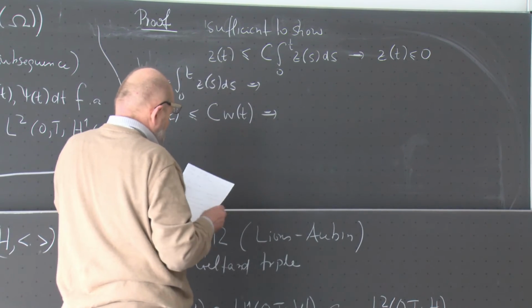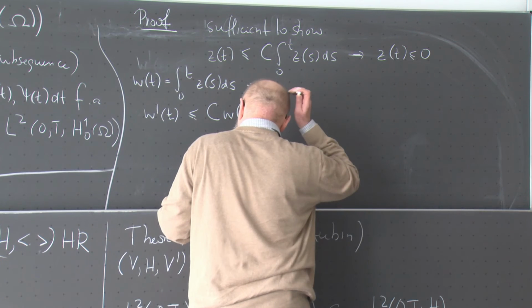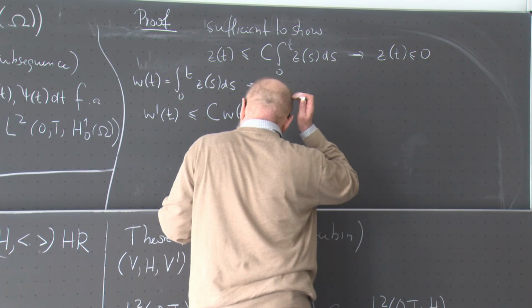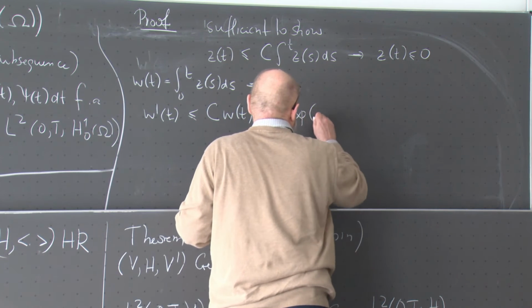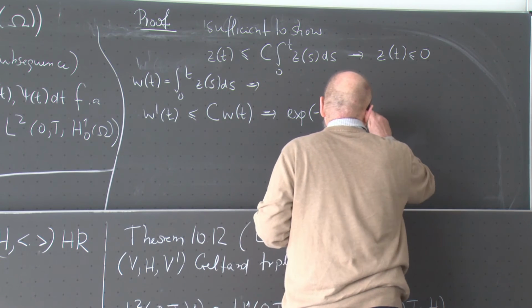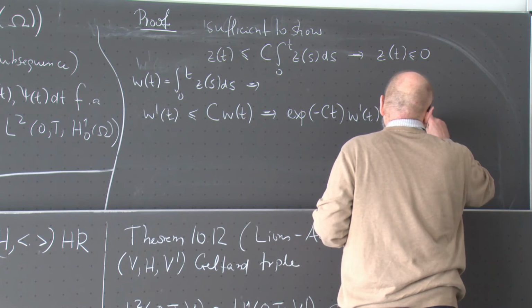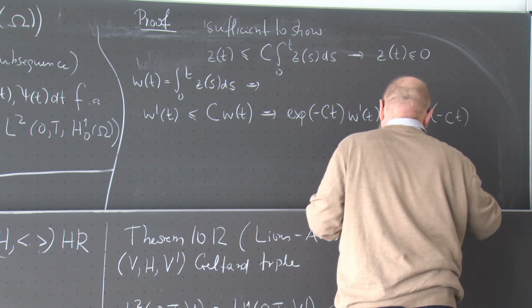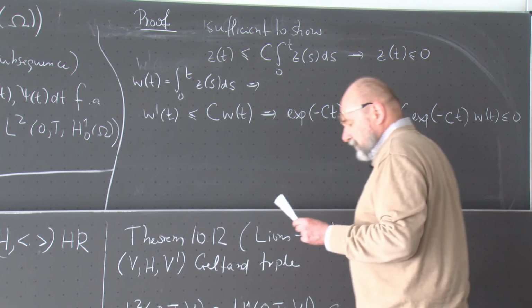I bring everything to one side, and multiply it with this term: e to the minus ct w prime of t minus c e to the minus ct w of t. And all these things are smaller or equal to 0.